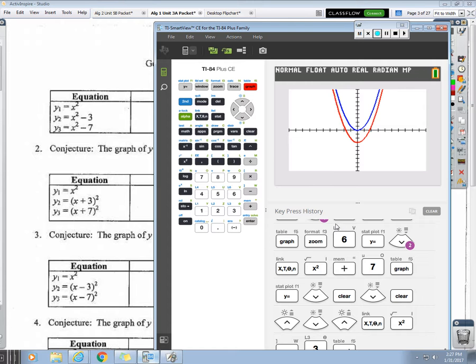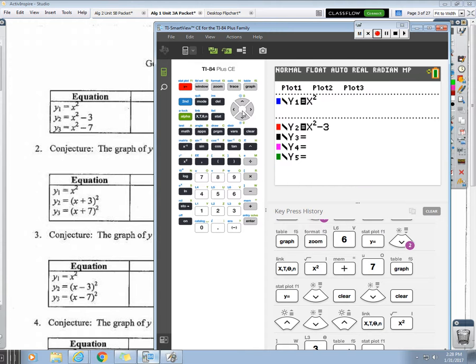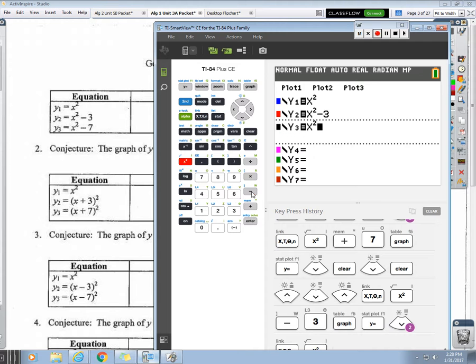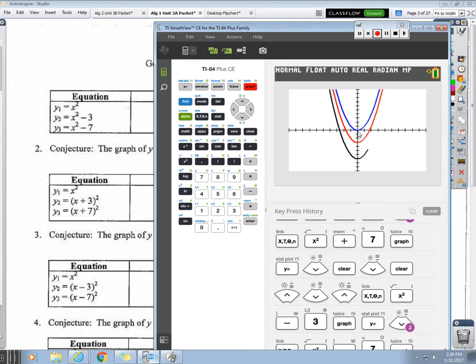It moved it down 3 units, which made it look a little wider, but is it any wider? No, we can just see more of it, which makes it appear wider, but it's not. So what do you think is going to happen when we type in x squared minus 7 for the third one? It's going to lower it down 7 units from the origin.